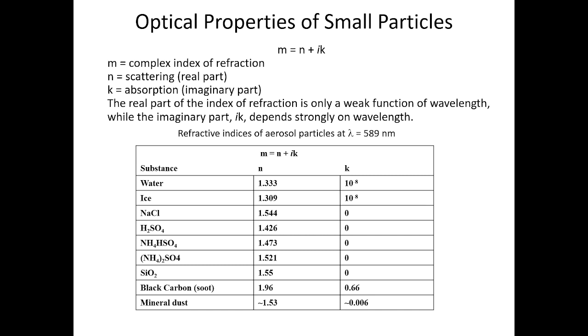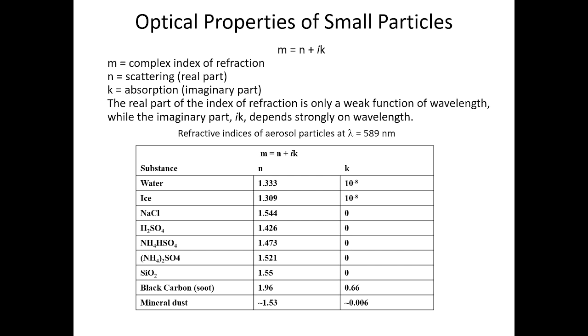Now, these particles, as we have seen, can have different refractive indices, and all this radiation interaction takes place because of the refractive index, which has two parts, real and imaginary. The real part of the refractive index is basically responsible for the scattering of radiation, and the imaginary, absorbing part is responsible for the absorption of radiation.